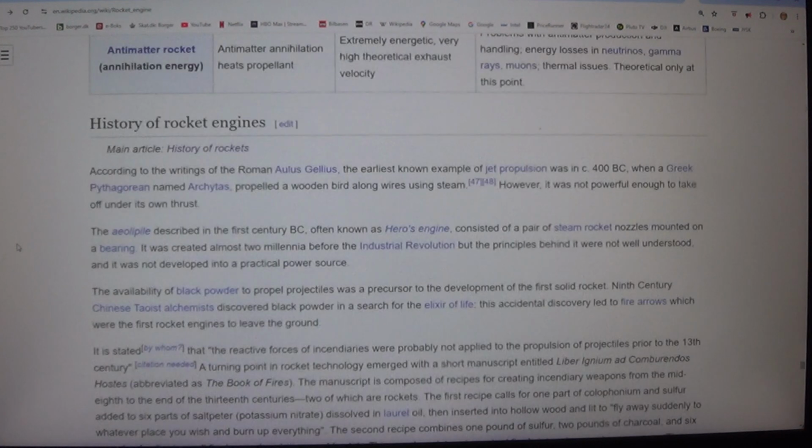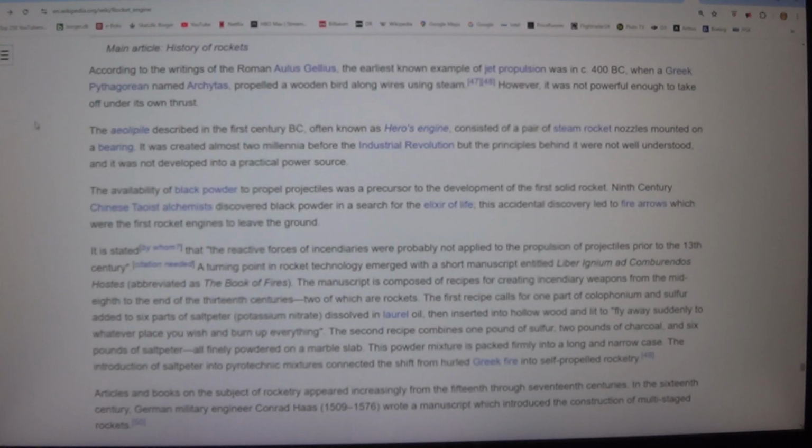History of rocket engines. Main article, History of rockets. According to the writings of the Roman Aulus Gellius, the earliest known example of jet propulsion was in c. 400 BC, when a Greek Pythagorean named Archytas propelled a wooden bird along wires using steam. However, it was not powerful enough to take off under its own thrust.